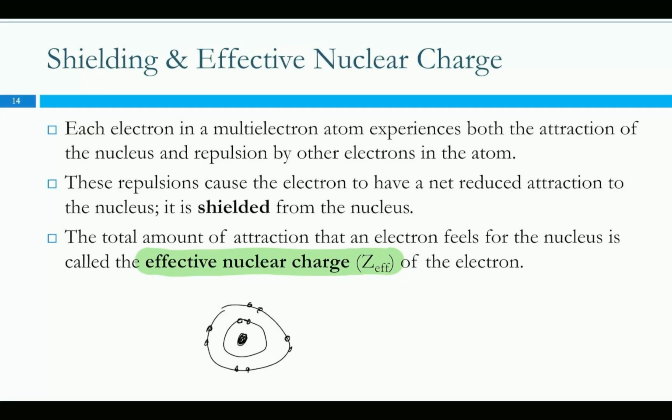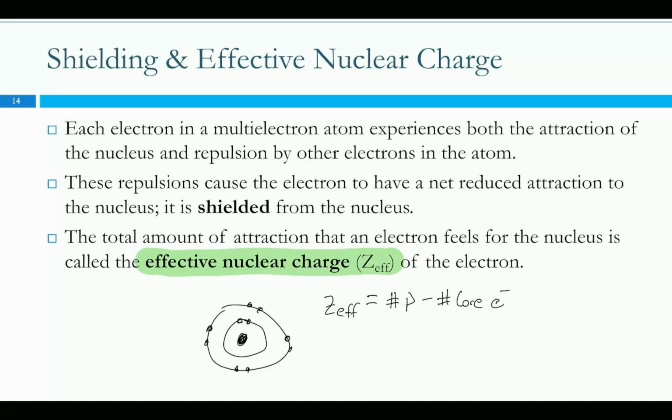There's the simplest way to calculate this, because I'm not sure if it's in here or if it's later, but you can calculate the Z effective simply as the number of protons of the nucleus minus the number of core electrons.